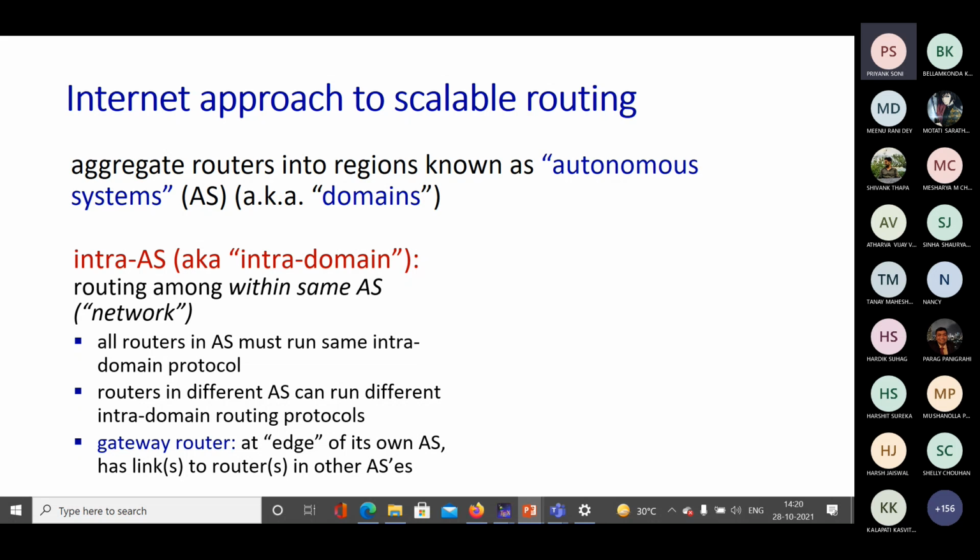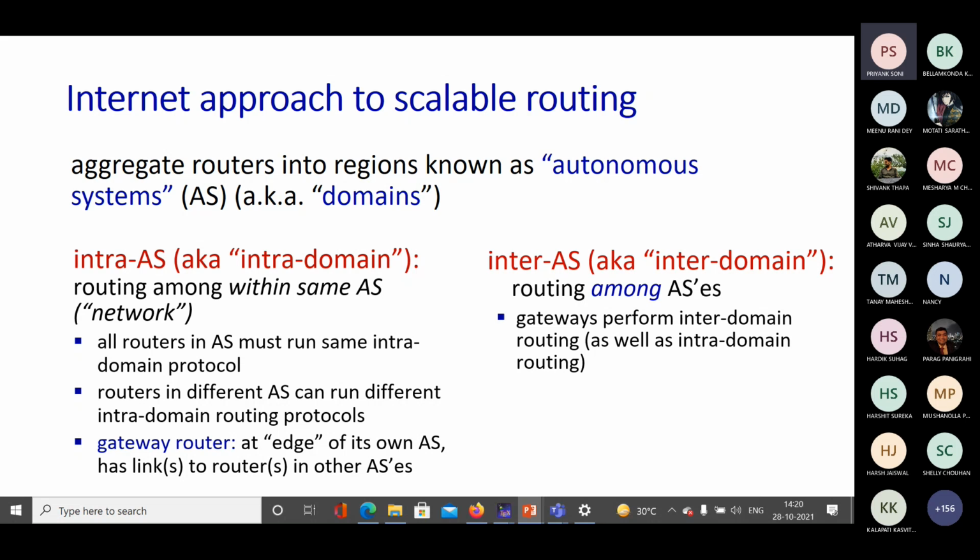Whereas inter-AS routing is the kind of routing where a router is communicating with another router which belongs to any other AS. AS we already know from last class is nothing but an autonomous system, which is an aggregation of routers that belong to a given region.